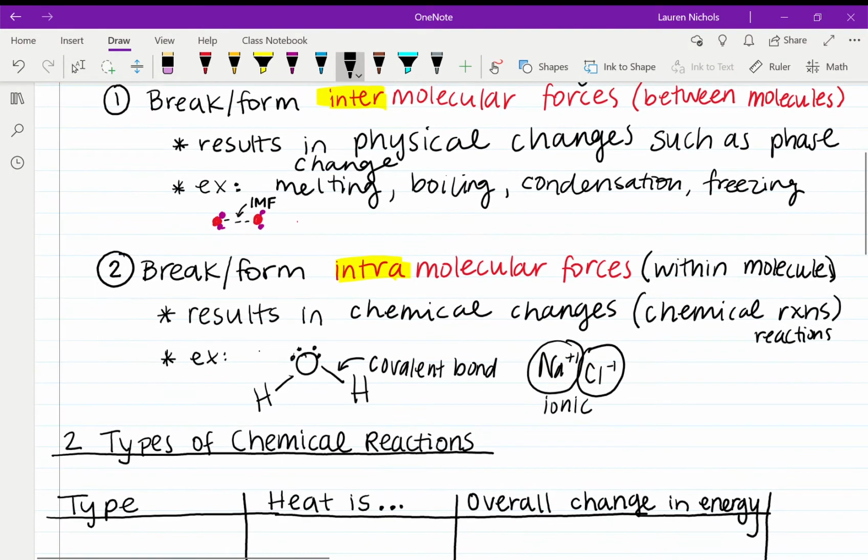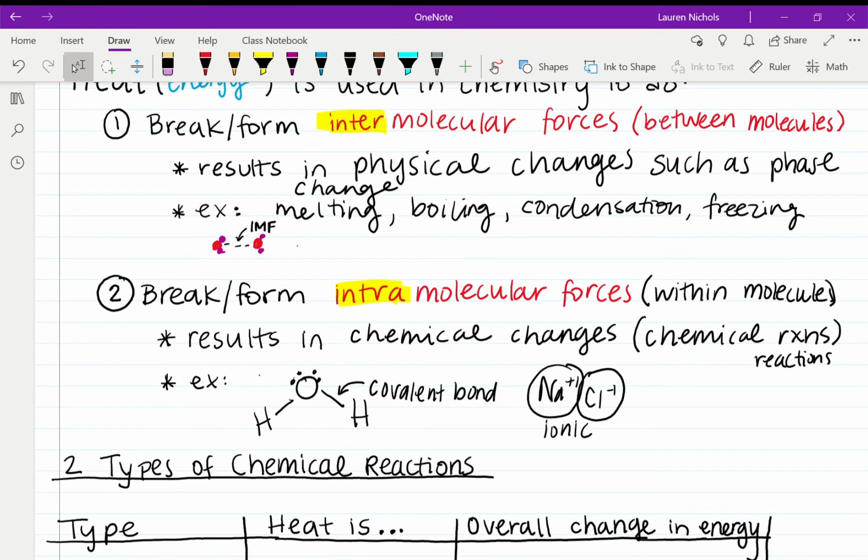An example would be breaking the bonds in water to form oxygen and hydrogen gas. Another is forming sodium chloride by mixing solid sodium with chlorine gas. All of those are chemical reactions.